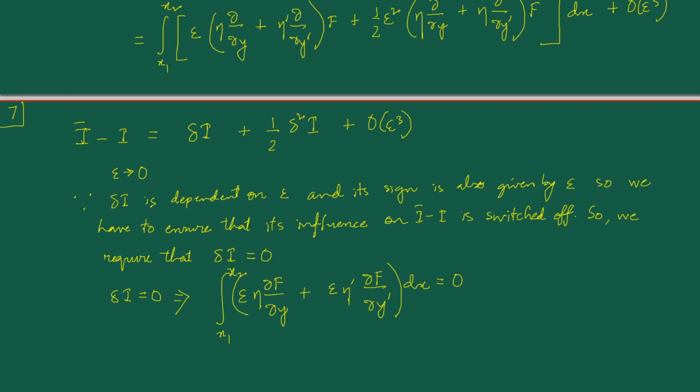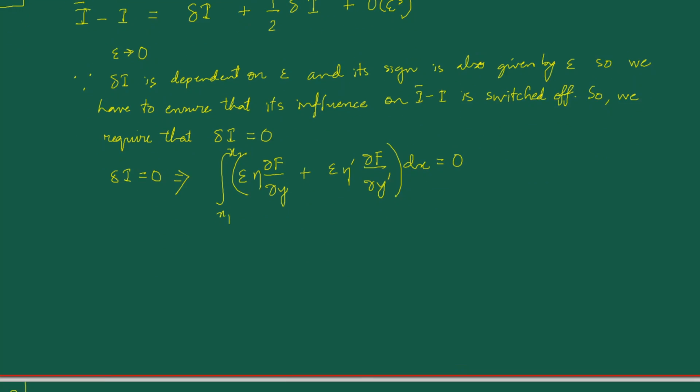Now we'll do a little trick here, and this is a trick which we'll do time and again over an entire study of advanced mechanics of solids, and really whenever we have to use calculus of variations even beyond mechanics. So we are going to do an integration by parts over this. Just wait and watch what happens.